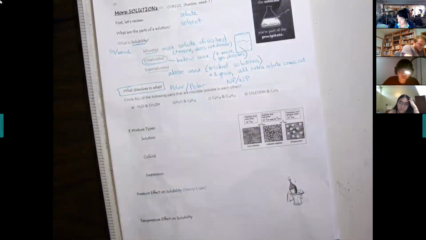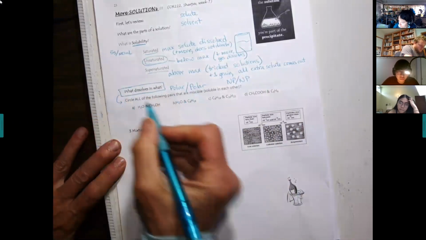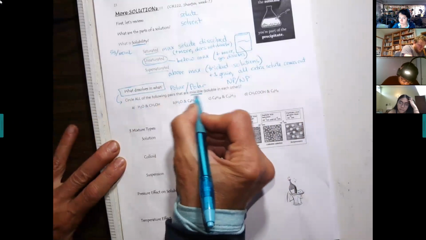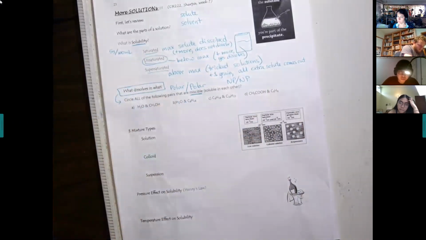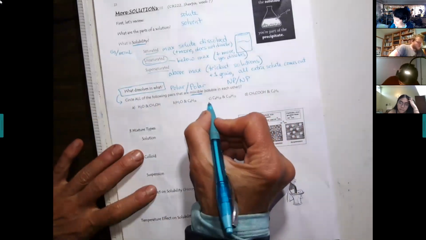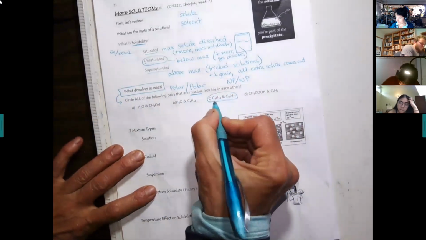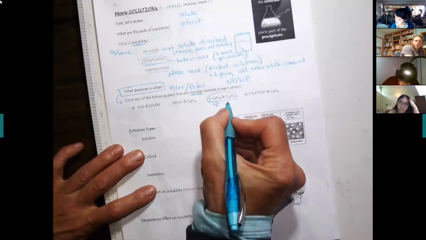The question below it goes with this: the ones that are miscible. The word miscible to a chemist means that you can mix the two things. If they are both polar, then they will mix. If they are both non-polar, they will mix. So C would definitely be yes, because it's non-polar and non-polar.